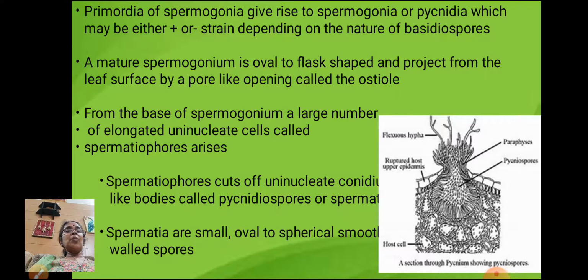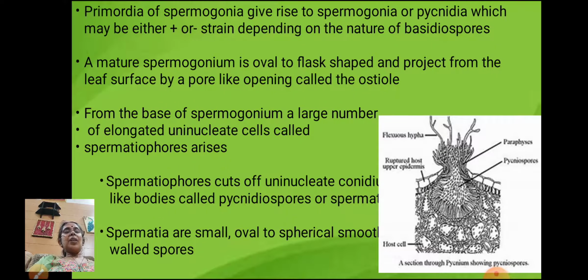A mature spermagonium is an oval to flask shaped structure which opens to the leaf surface by a pore called the ostiole. From the base of the spermagonium, a large number of elongated uninucleate cells called spermatiophores arise. These spermatiophores cut off uninucleate conidia-like bodies called pycnidiospores or spermatia.